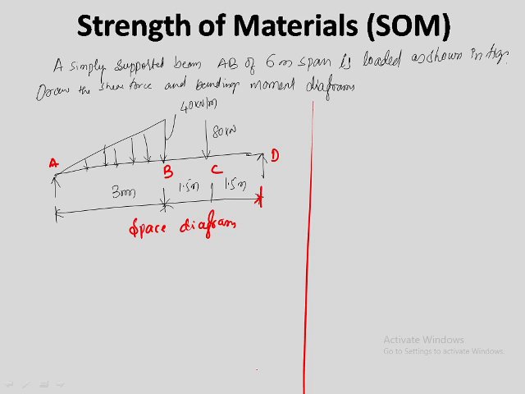How much you got? How much you got a reaction force at A? 200 kilonewtons. RA equal to 200. Okay.